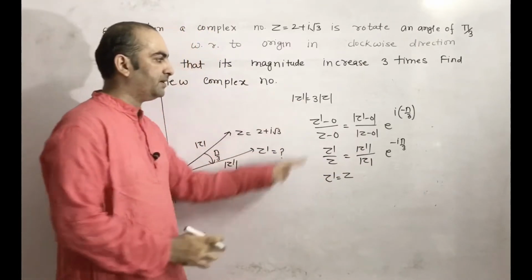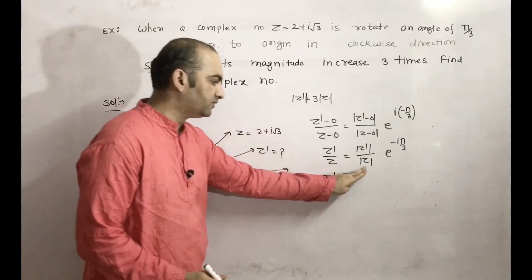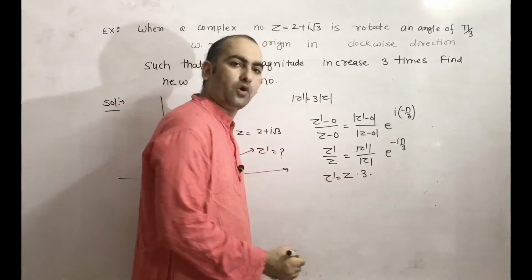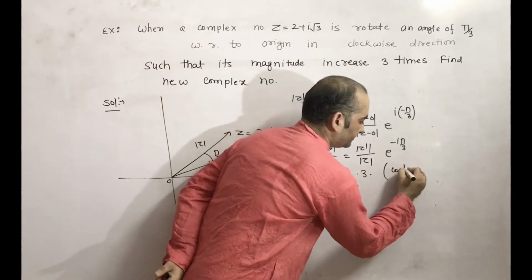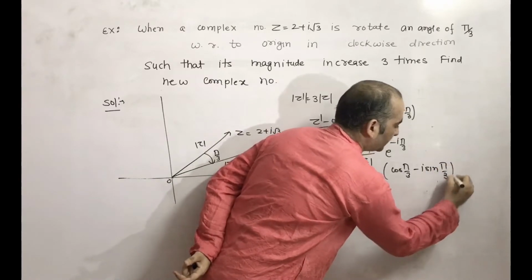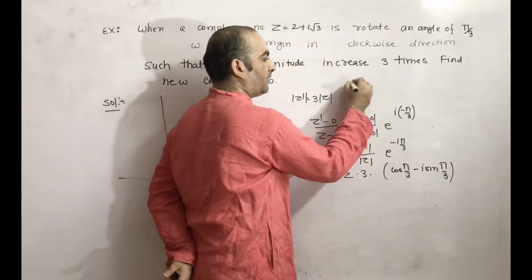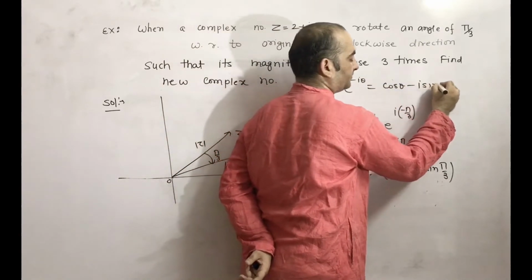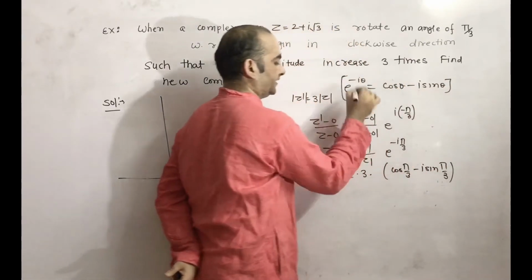Modulus of z dash divided by modulus of z is 3. So this value is 3 into cos pi by 3 minus iota sin pi by 3, because we know e power minus iota theta is cos theta minus iota sin theta. So this formula we are using here.